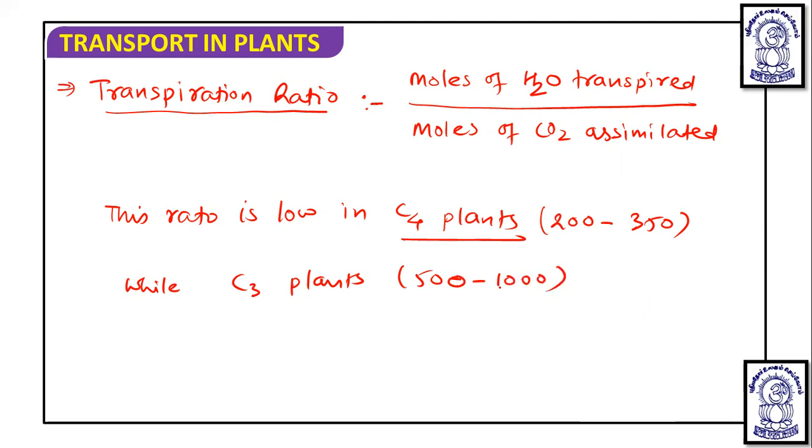So this indicates C4 plants have a lower transpiration ratio compared to C3, meaning C4 plants conserve water with efficient photosynthesis.